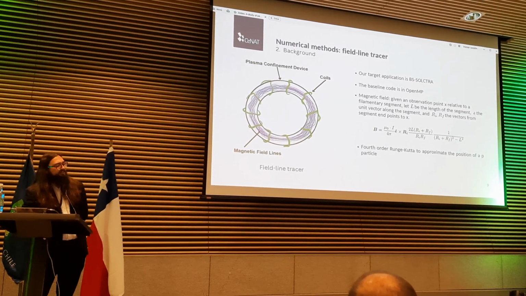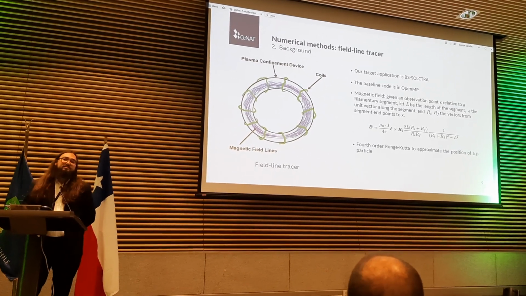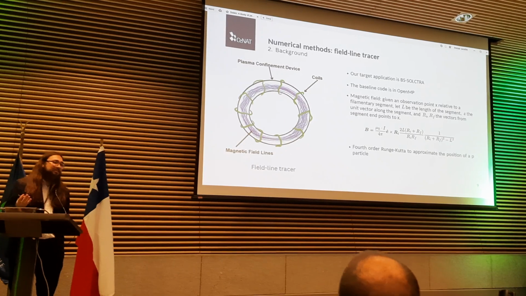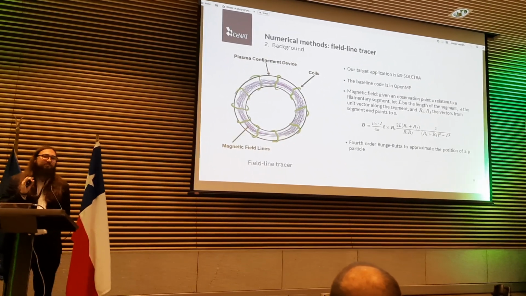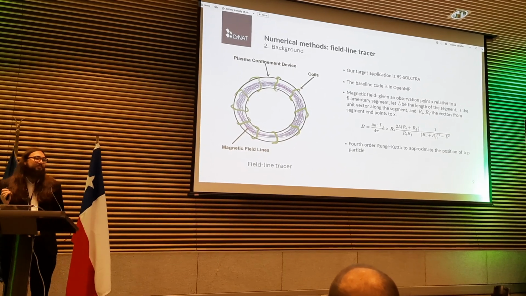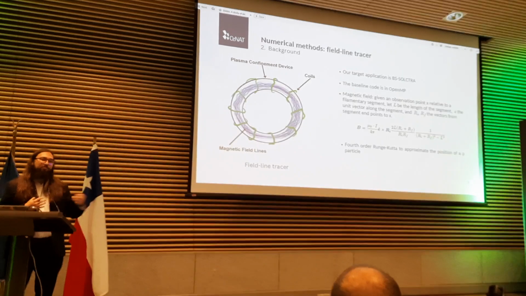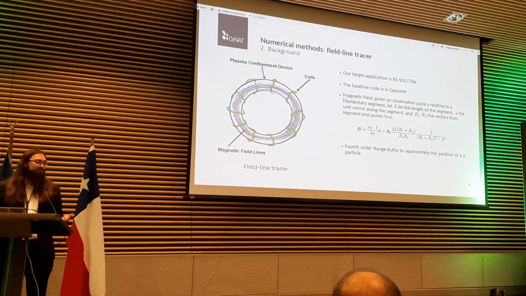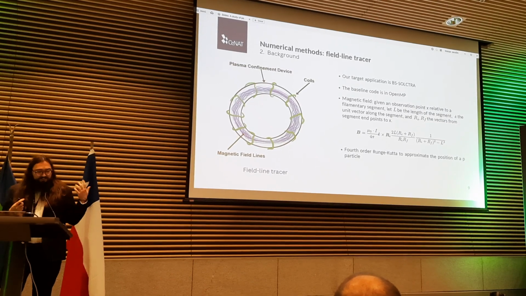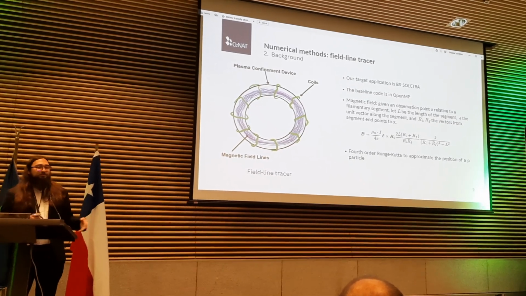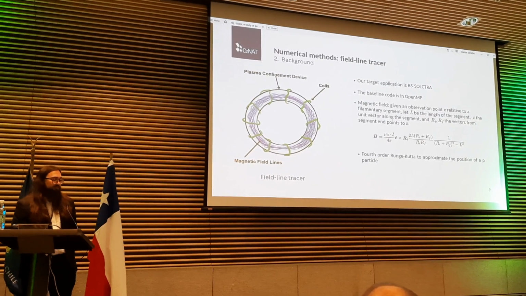And we basically represent the coils as a sequence of straight lines or filamentary segments, which can be used to calculate the magnetic field at every point in space. And this magnetic field can be used to approximate the trajectories of the particles, and we did this with a Runge-Kutta fourth order algorithm.